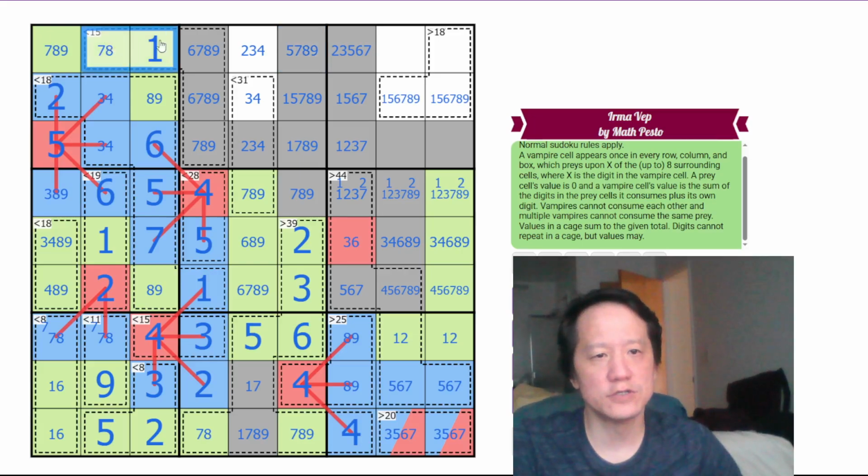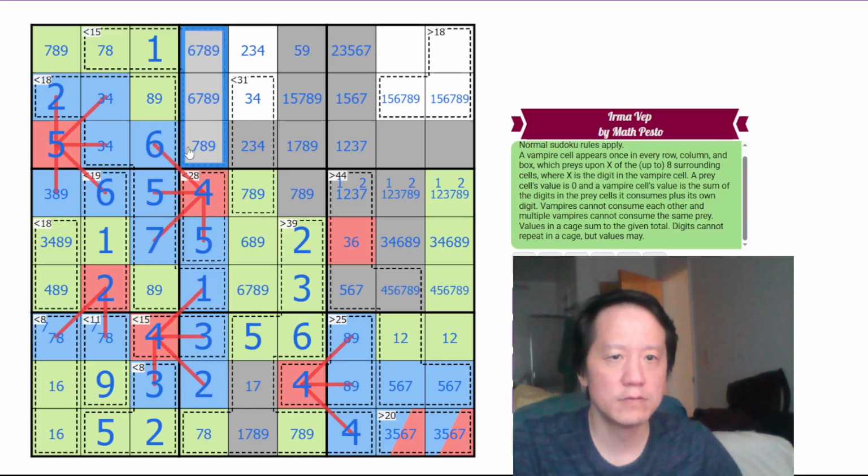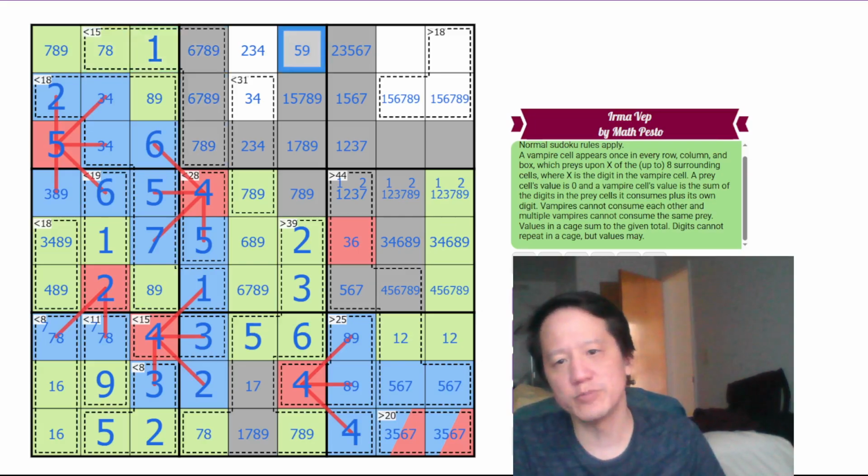This digit sees all of these digits here. So this cannot ever be 7 or 8 or 9. Right, it sees all the 6, 7, 8, and 9, which are unique in this cage. So this can't be 6, 7, 8, and 9.